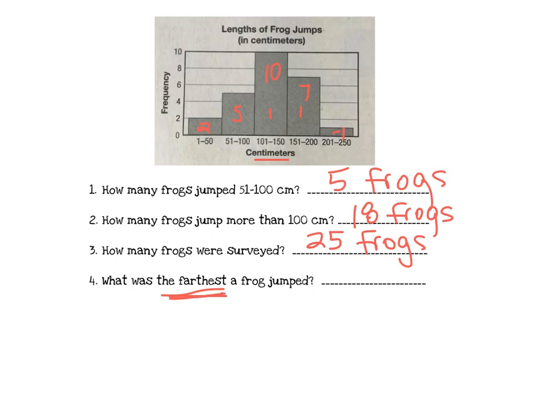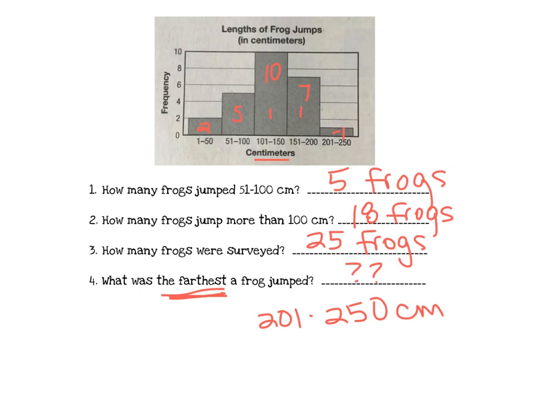We know that it went somewhere from 201 to 250 centimeters, but we don't know exactly what the farthest jump was. It could have been 220 centimeters. It could have been 250 centimeters. It could have been 201.5 centimeters. Okay, so we just aren't sure.